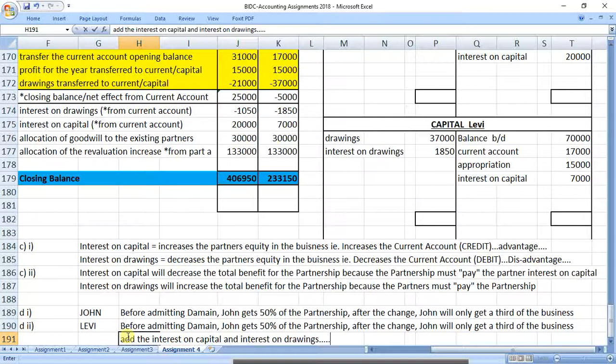Is that right? Yeah, 10% is what he earns, 5% what he pays. He doesn't pay, he gets 10% of capital. Just say that is earned. So, John pays 5% on drawings and 10% on capital is earned, because he earns on his capital, he pays on his drawings.